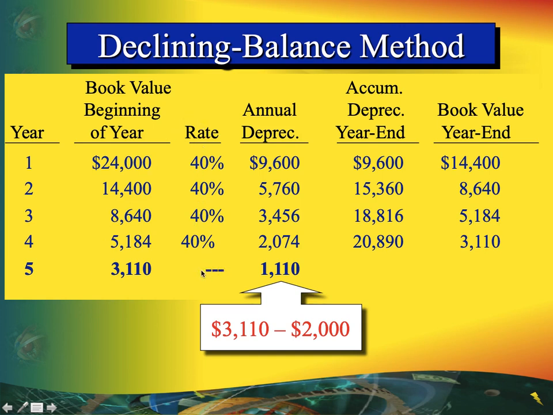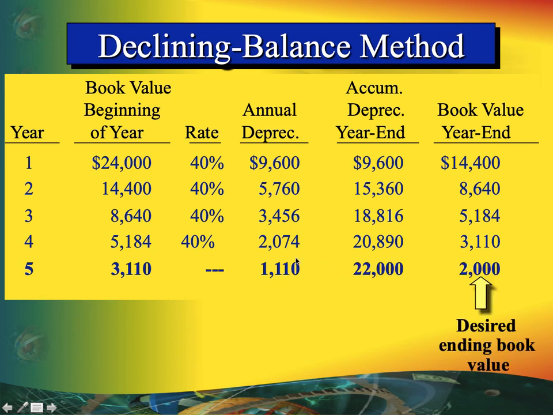The annual depreciation will be 3,110 minus the residual value 2,000, and just put it here. The accumulated depreciation year end eventually will be 22,000, and the book value year end will be 2,000, because this is the desired ending book value.